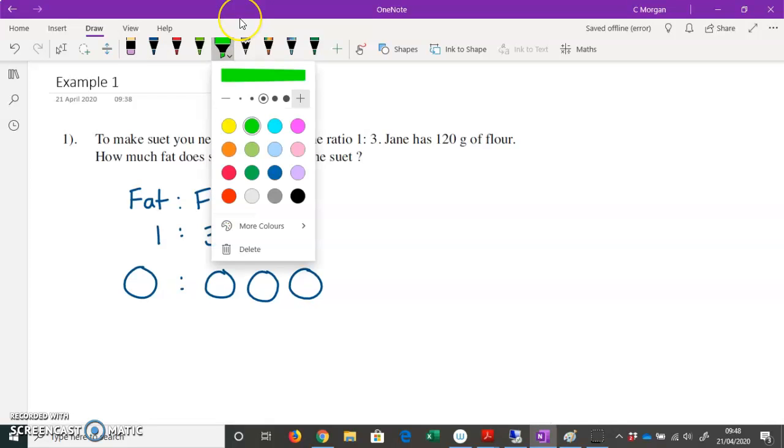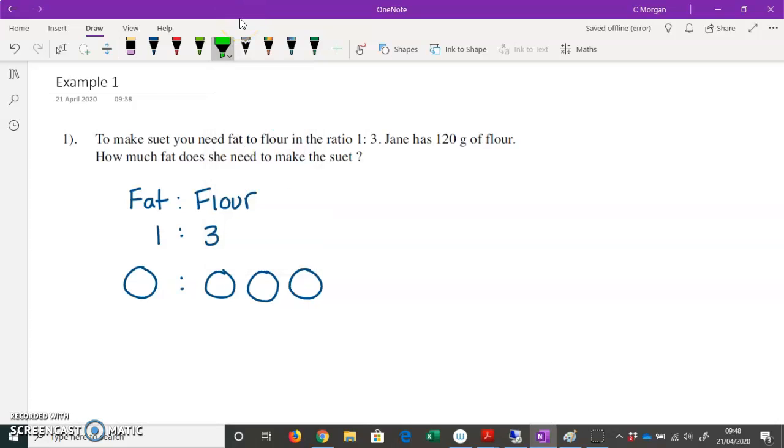It then says Jane has 120 grams of flour. And what we've got to do is find out how much fat she needs in order to make the suet. Now, because I've already been told that she's got 120 grams of flour, I can see those 3 parts of flour are worth 120 grams.